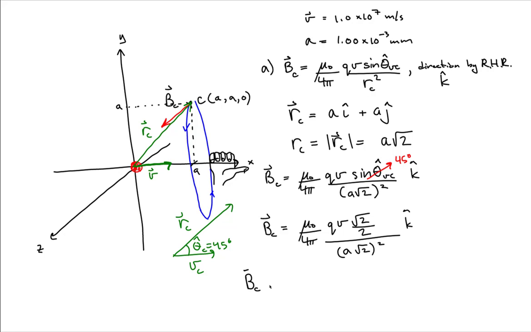So the magnetic field at point C is equal to mu naught over 4 pi q v root 2 over 4a squared k hat.